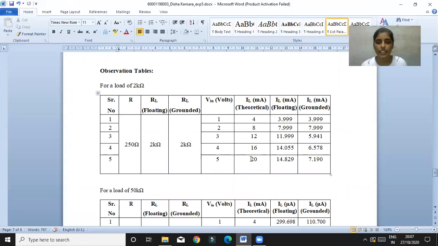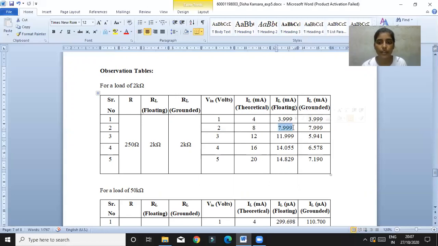Theoretically, for 2 volts input, the current IL is 8 milliamps, and for floating I get 7.99, and for ground I also get 7.99. Similarly for the different input voltages 3, 4 and 5, I get different values respectively.